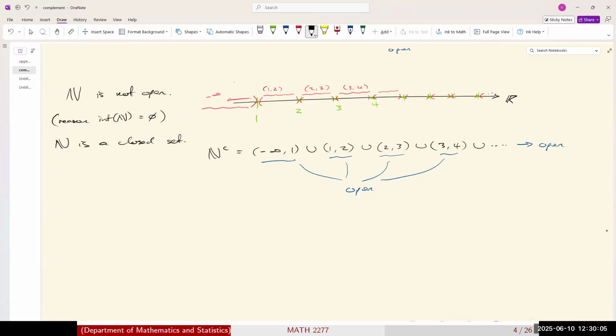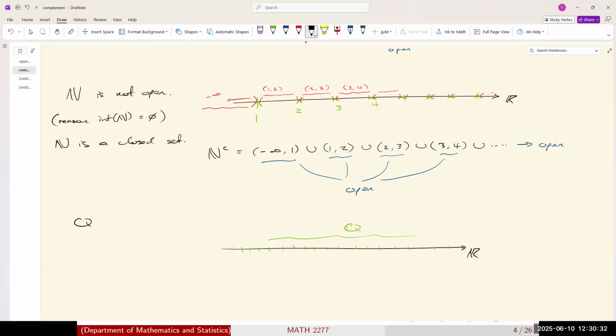So remember, the rationals is a set that I can't really draw, because between every rational number, there's an irrational number and so on. So we can't really draw the rational numbers, but we could maybe put some points here to say that these are the rationals. Let's just say these are the rational numbers, Q.